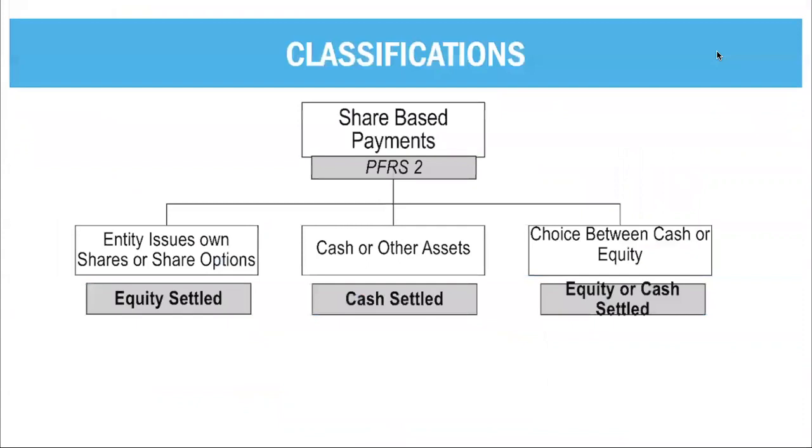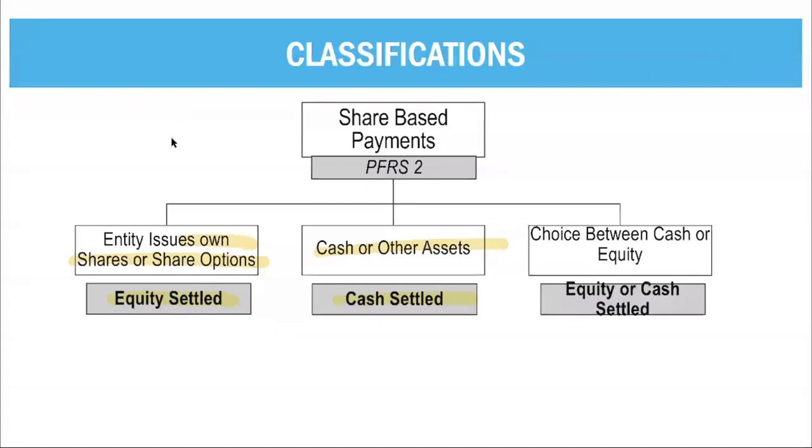So how do we classify share-based payments? Under PFRS 2, if we issue our own shares, it is known as equity settled. If it is cash or other assets, it is cash settled. And if it's a choice between cash or equity, it is equity or cash settled.